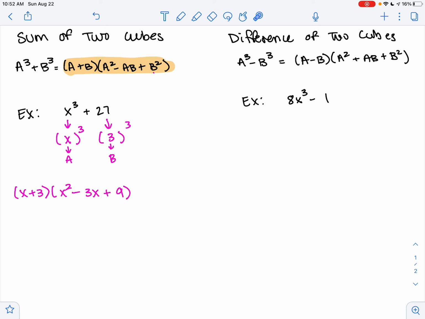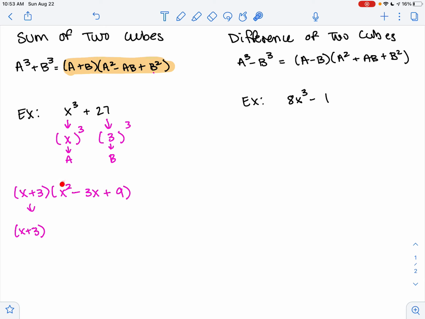Once you do that, you want to check to see if you have factored completely. x plus 3 is factored completely. I know that because it's linear. Remember, linear means your highest exponent is 1 for your variable. So here x is 1 for my exponent. So that one's factored completely. So I can go ahead and bring down my x plus 3. For the second one, I have a quadratic.